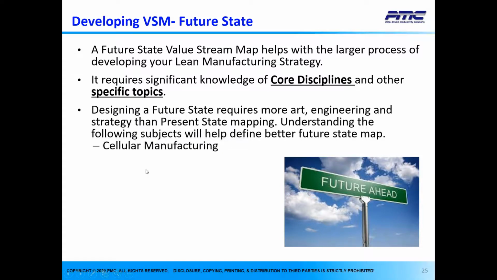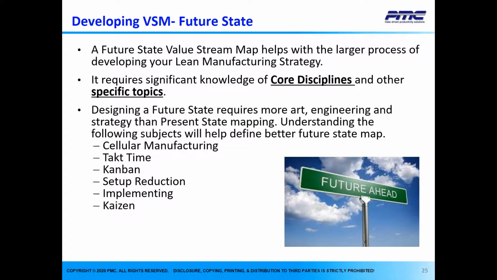Again, cellular manufacturing that we pointed out in the resolution methods. Next one is the takt time. Next one is Kanban. Setup reduction. Implementing Kaizen, group technology, lot sizing, and that's that.